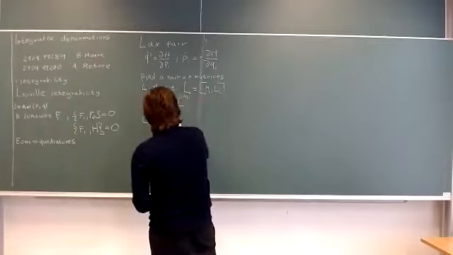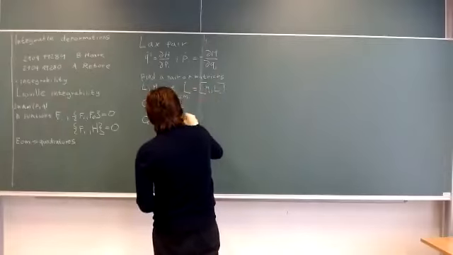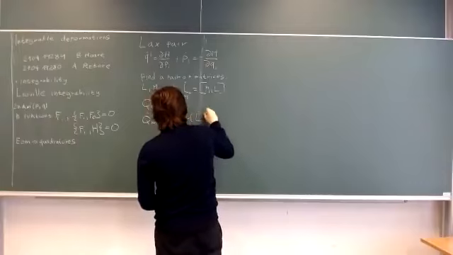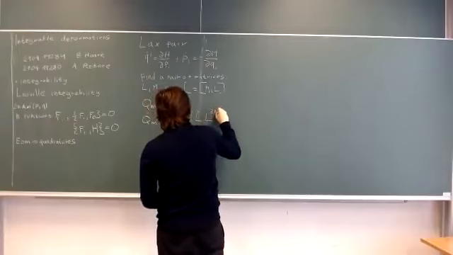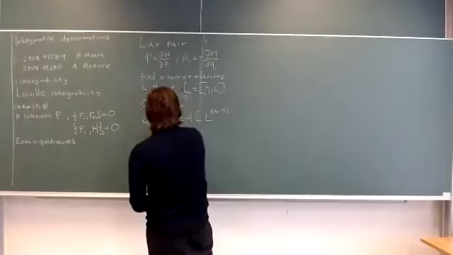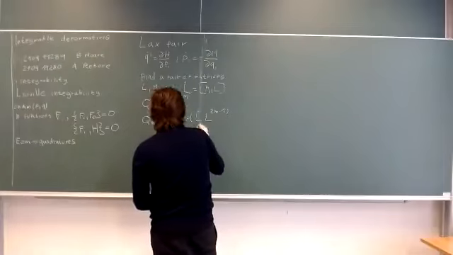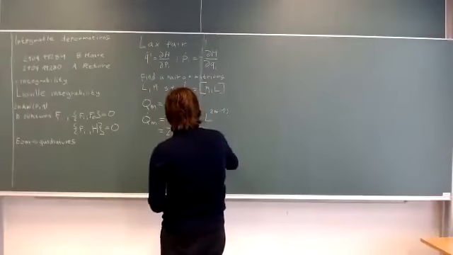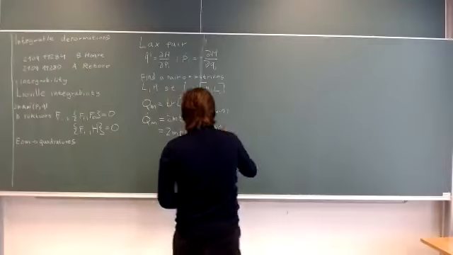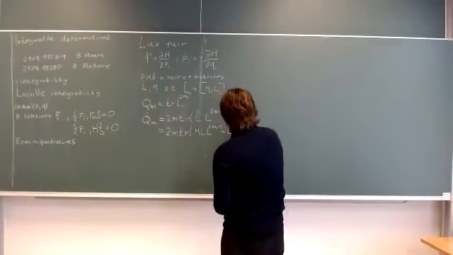So if I take the derivative of this, it's 2m times the trace of L^(2m-1) times L-dot, which I can plug in from the equations of motion. So I can plug in [M, L] L^(2m-1) minus L [M, L^(2m-1)].